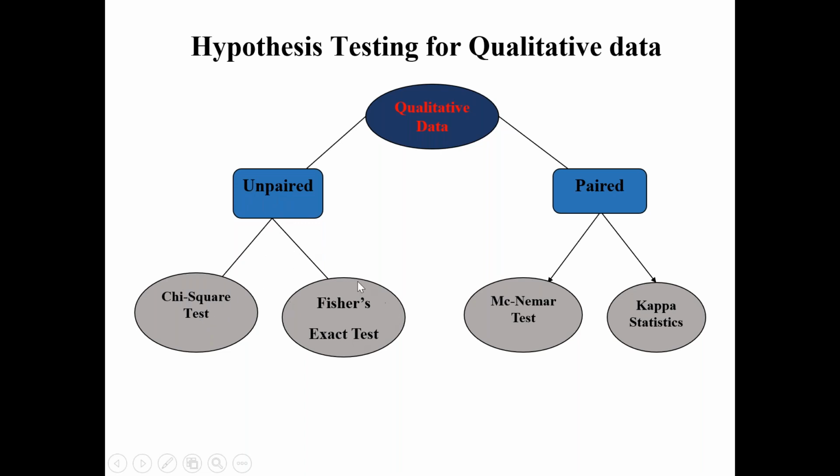If the sample size is very small, it is the Fisher exact test, but I will be considering only the chi-square test. If it is paired, that is before and after for the same group of individuals, it is the McNemar chi-square test. Kappa statistics is used whenever I try to find out the similarity or concordance between two groups. But this will not be done for you, and we'll be considering only the chi-square test.